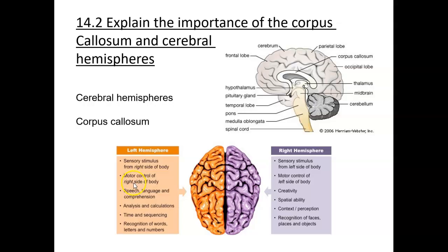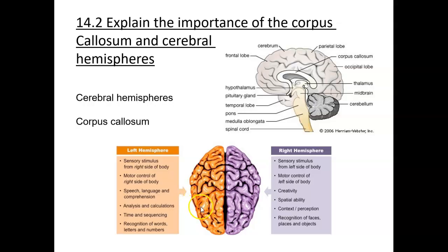The same thing happens with motor control. If you want to wave your right hand, that impulse comes from the left side of your cerebrum, and vice versa: waving your left hand, that motor information comes from the right side of the brain. I like to point this out because sometimes people have a stroke, which means they have damage to the brain, often due to a blood clot.